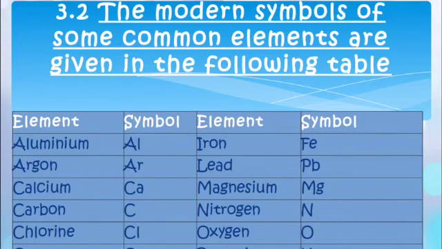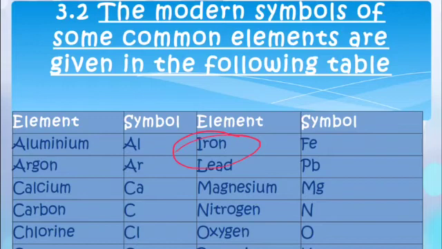For example, if we talk about chlorine, in the case of chlorine, it is not Ch, it is C and L. So the first letter and a letter from in between the name of the element are taken. Magnesium, similarly, first letter and a letter from in between the name are taken.